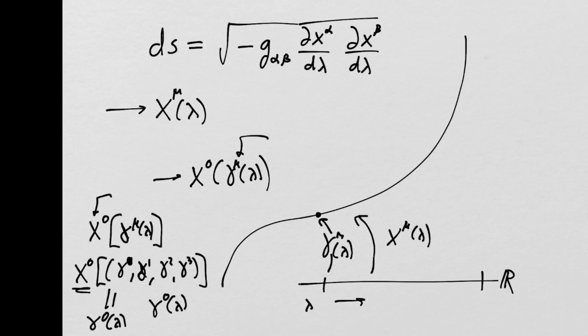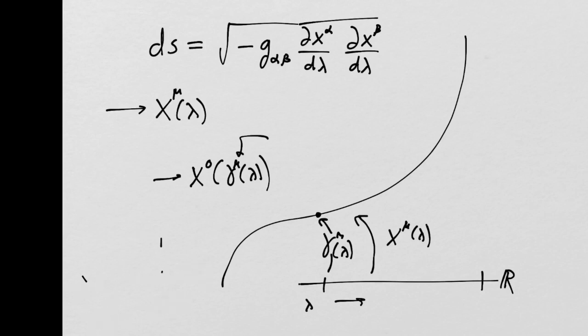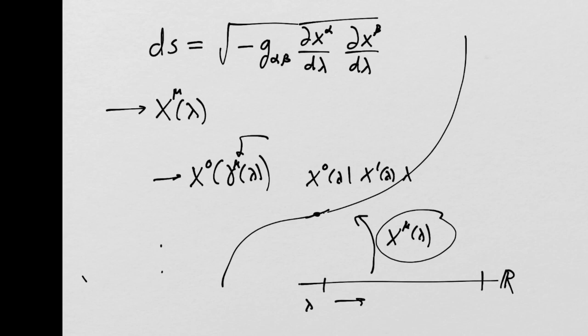But that's not how, in the shorthand version of things, it's done, right? The actual curve itself is all shortcutted. The actual curve itself is called x mu of lambda. And so this point here is simply x0 of lambda, x1 of lambda, x2 of lambda, and x3 of lambda, all bundled together as a quadruple of points.